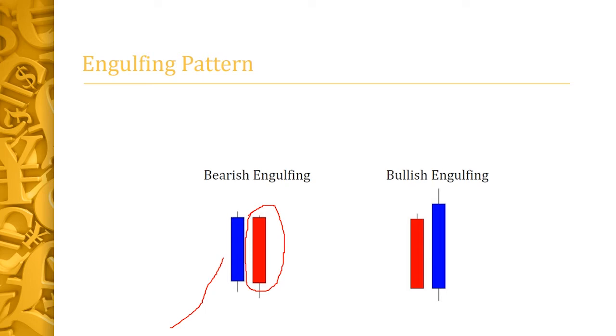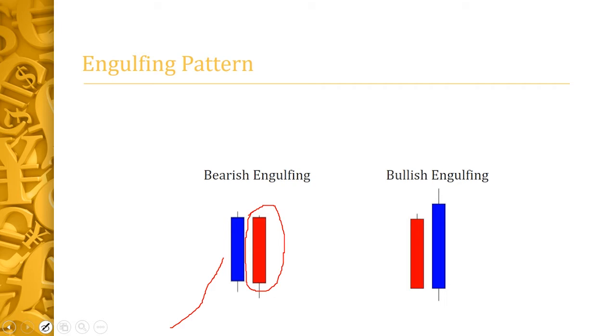We're talking about the real body of this bearish candle having to engulf the whole body of the previous candle. And of course, for the bullish engulfing pattern we have to do the opposite.